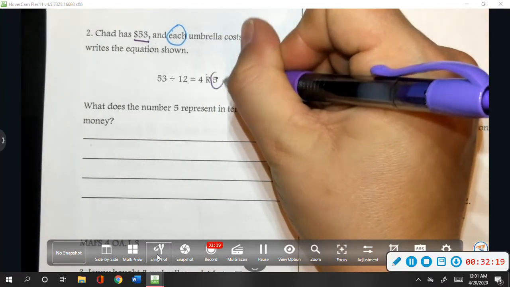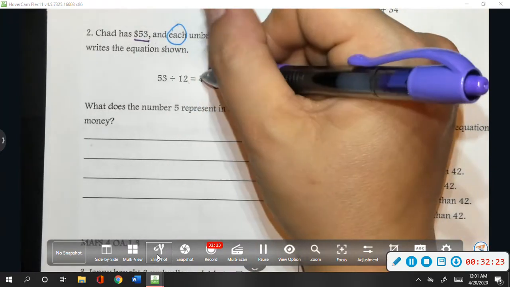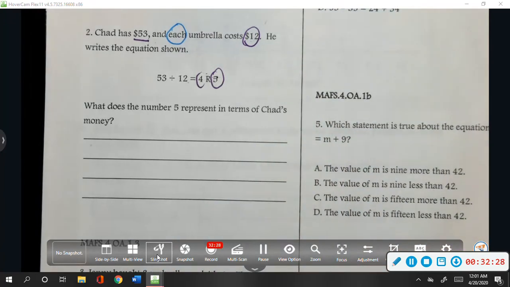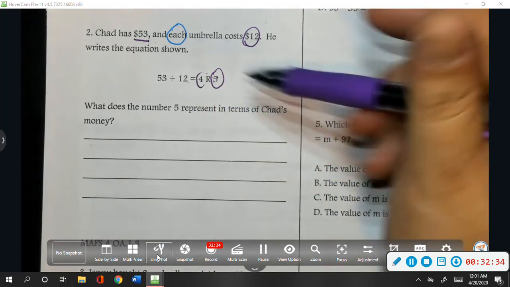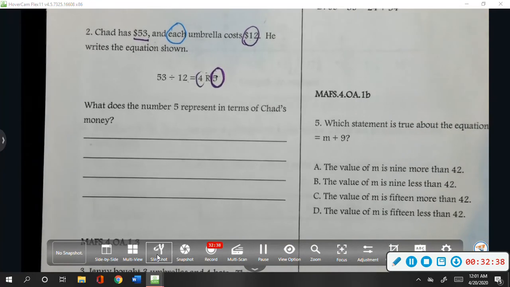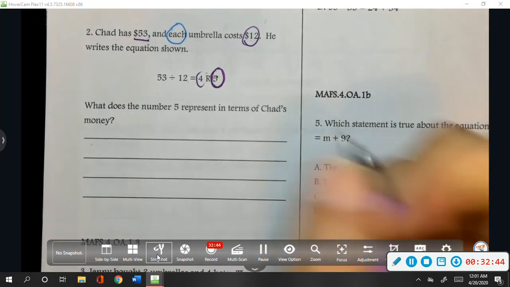This remainder for his money, you got to imagine, this is saying he could buy 4 umbrellas without going over 53, and he would have a remainder of $5, $5 left over.